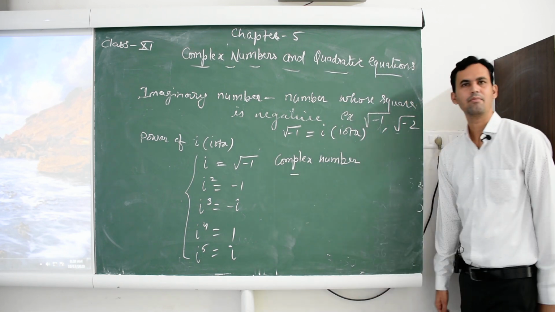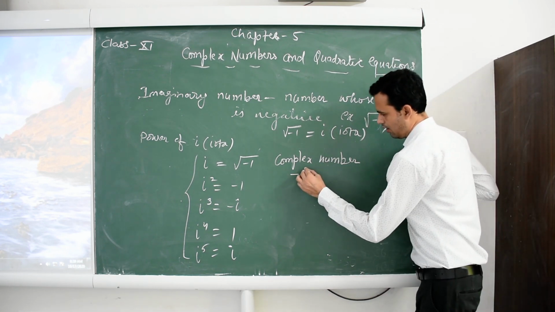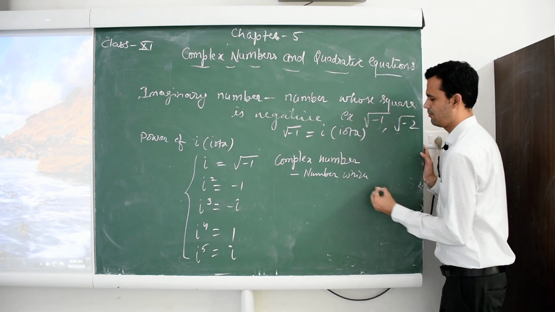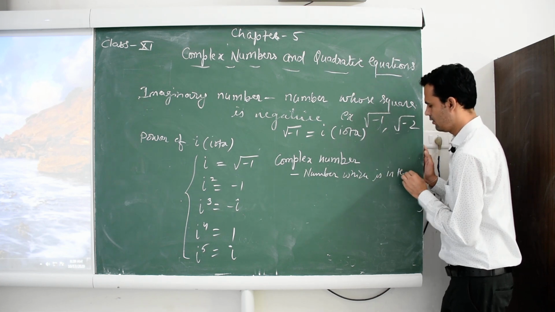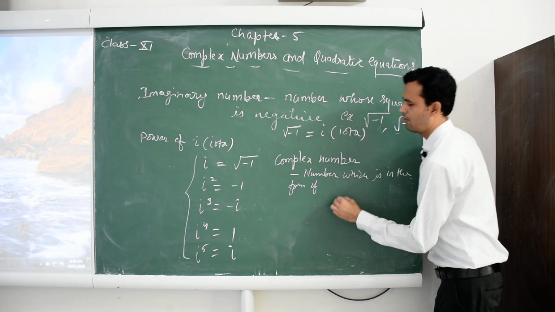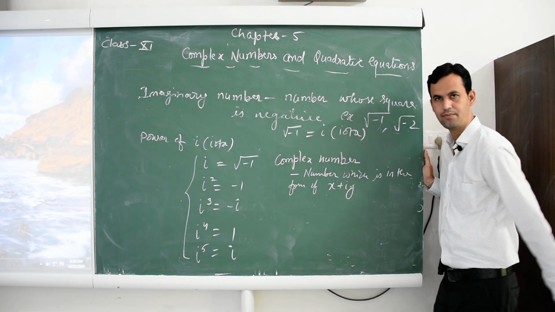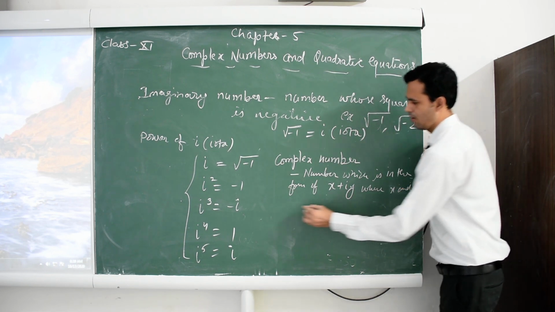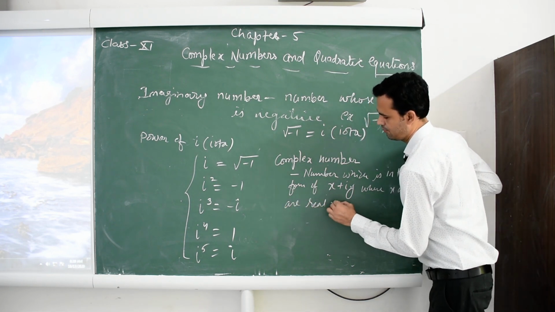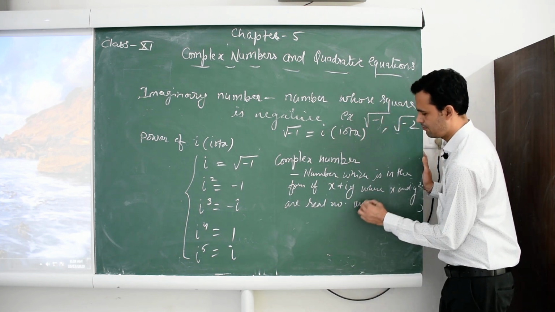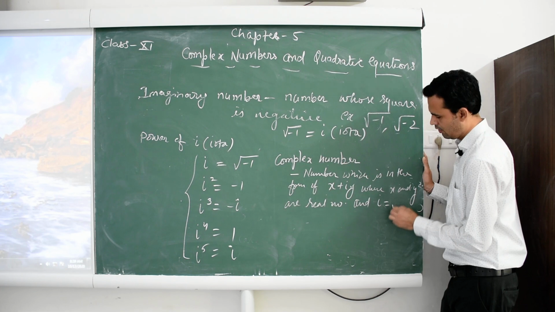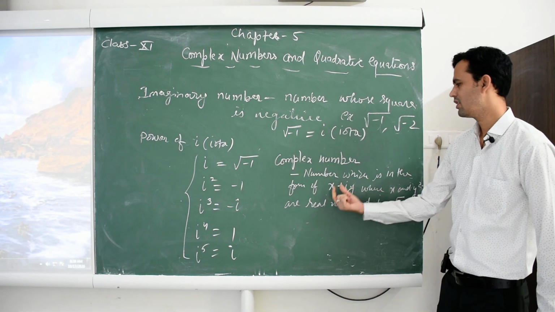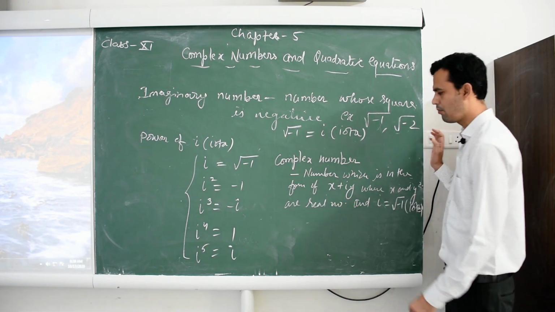A number which is in the form x plus iy, where x and y are real numbers and I equals root -1 or iota, is called a complex number.